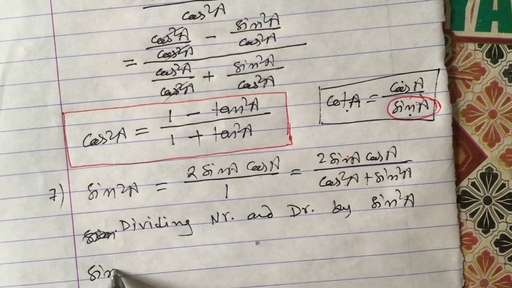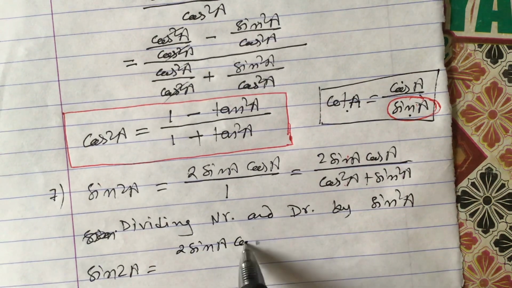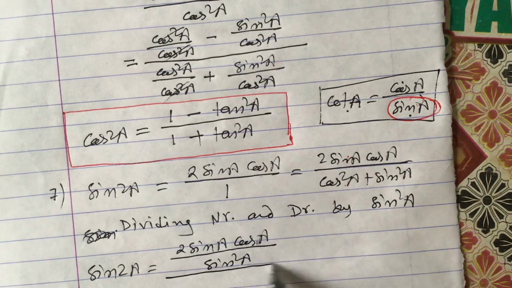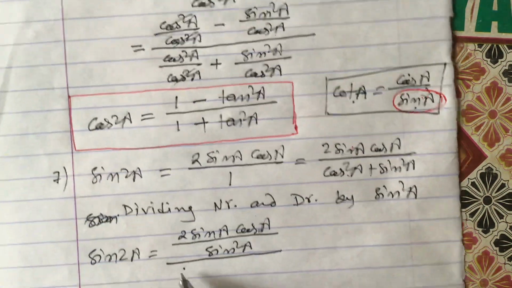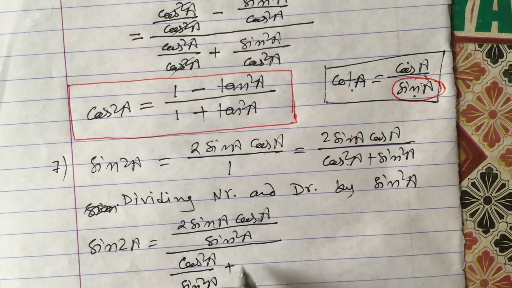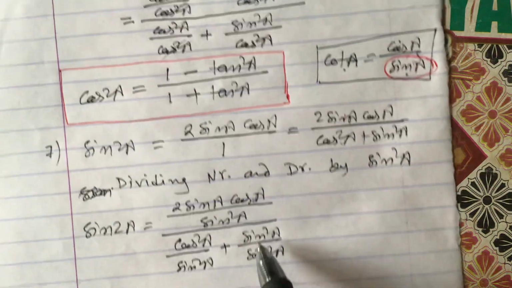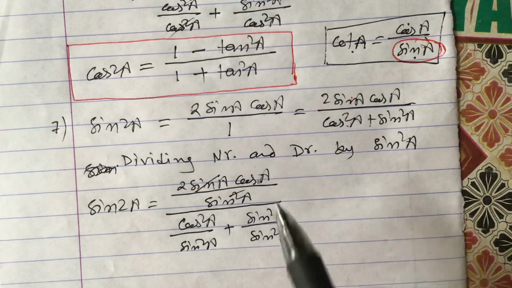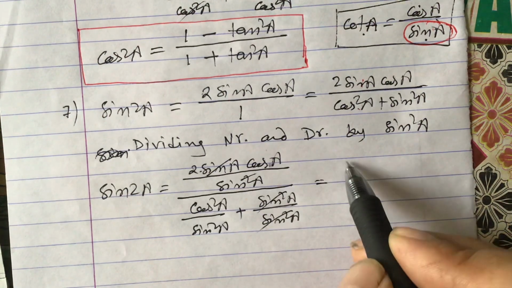Then you will get sine 2a equals 2 sine a cos a divided by sine square a, whole upon cos square a by sine square a plus sine square a by sine square a. Sine a and sine square a cancel, so we write 2 as it is.